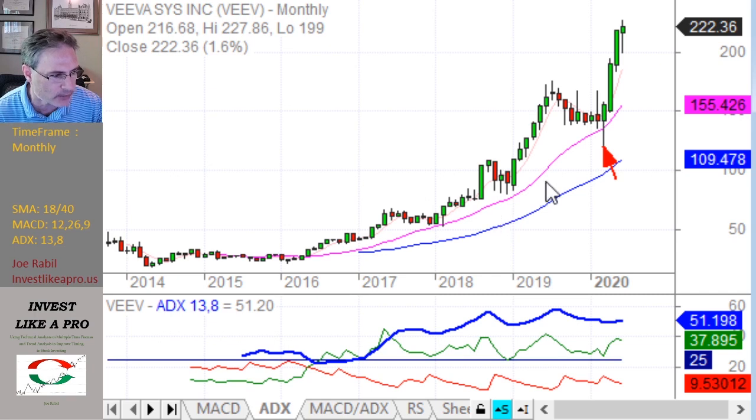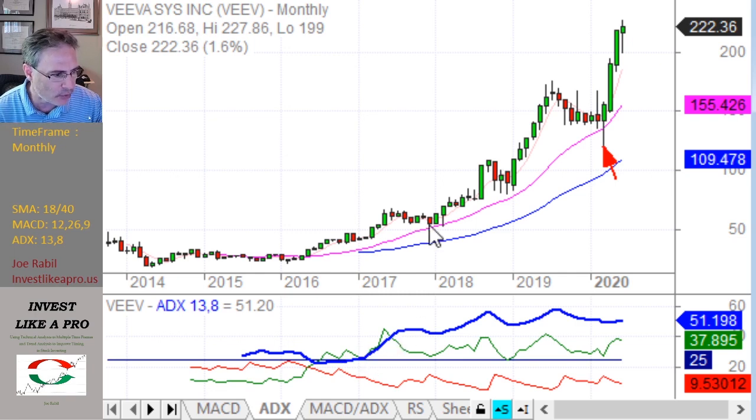But if you notice what took place in the stock, you still had a rising 18 on the monthly chart and a rising monthly. Still in a very strong trend, but notice even more importantly, look at how the ADX was still up almost at 50. So ever since the middle of 2016, let's say early 2017, you've been above 25 for sure.